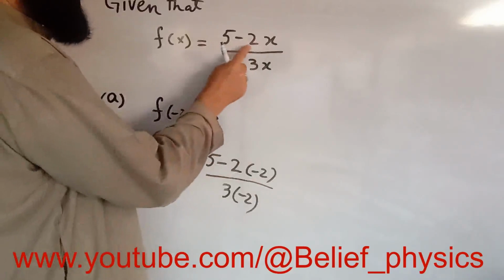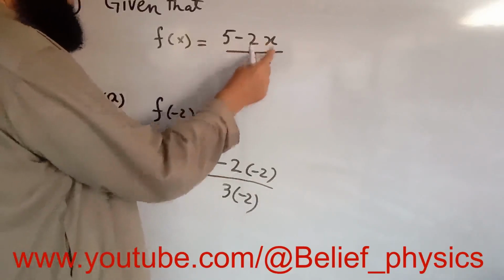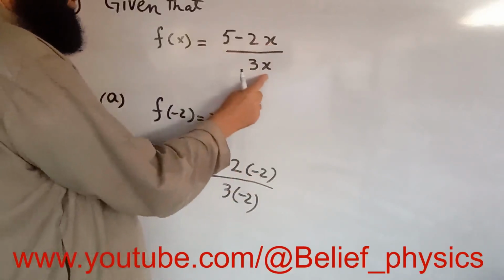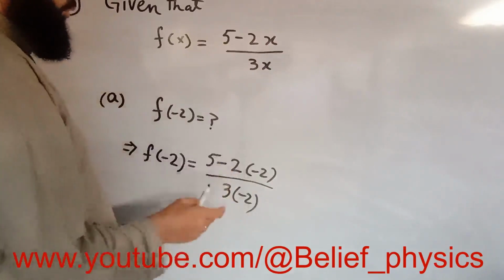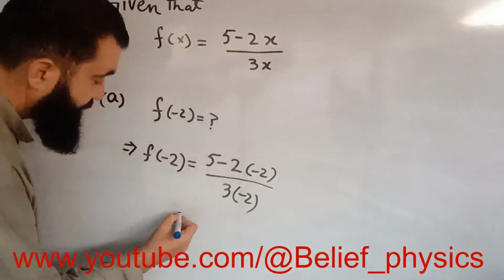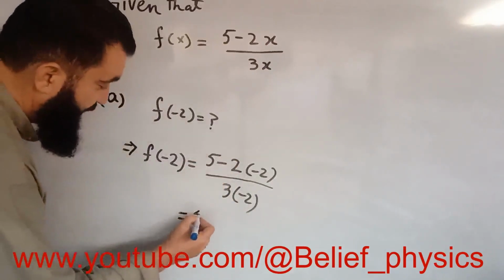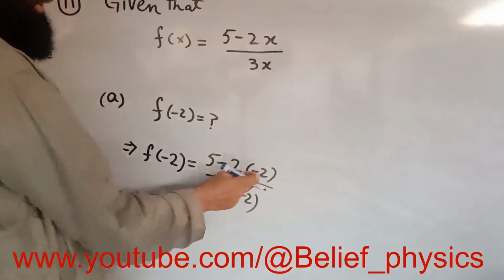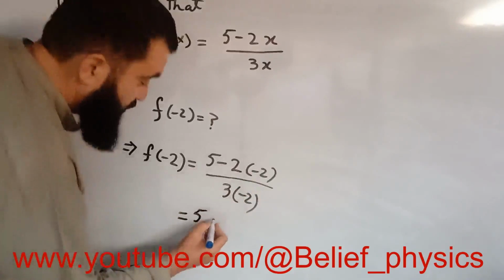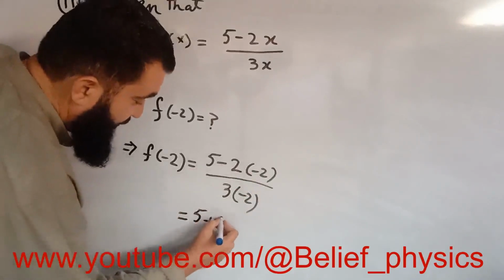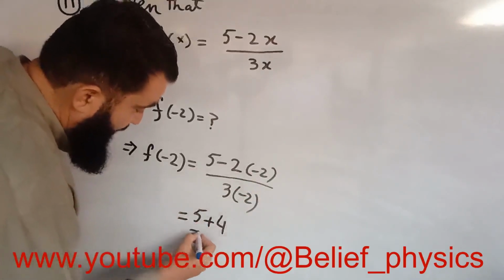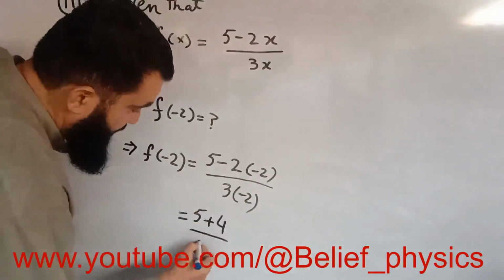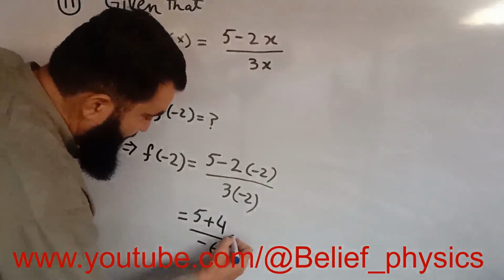Here is my 5 minus 2x, so we replace x with minus 2. And here we replace x with minus 2. Now we simplify it. This will be equal to 5 minus and multiplied, minus minus plus. So this will become 5 plus 4, to the 4 over 3 into minus 2 is minus 6.